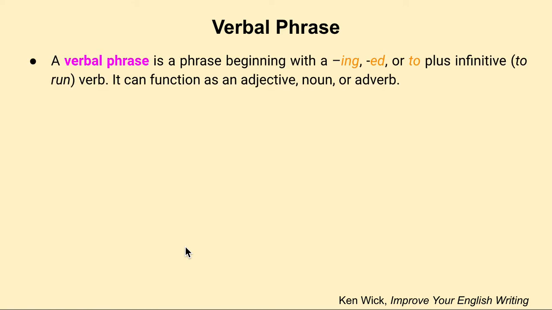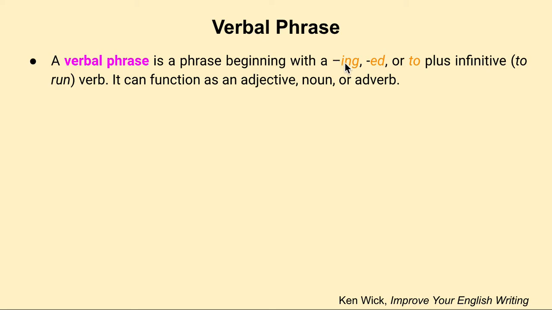Verbal phrase. A verbal phrase is a phrase beginning with a word that ends with ing, ed, or it's a to plus infinitive verb, so like to run. So basically it starts with a verb.